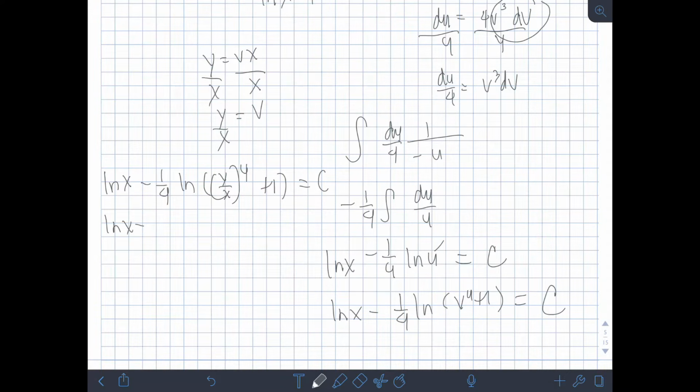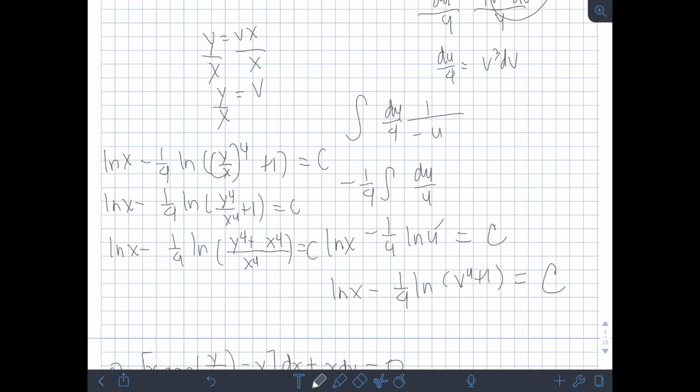So we have ln x minus 1/4 ln of (y to the fourth over x to the fourth plus 1) equals c. Or ln x minus 1/4 ln of a single fraction, x to the fourth as the denominator, so (y to the fourth plus x to the fourth) over x to the fourth, equals c.